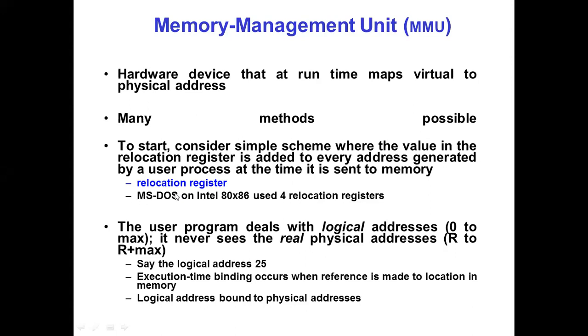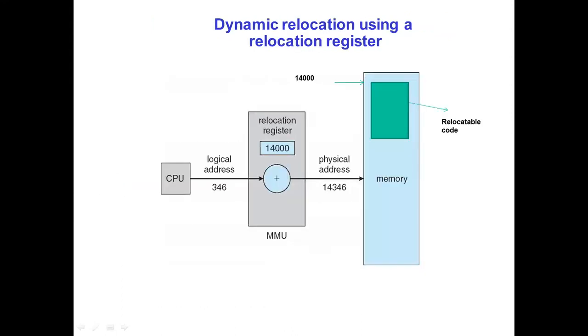So if we are using this operating system, MS-DOS on Intel 8086, then we have four relocation registers, which are already fixed and defined. Now the user program deals with the logical address. It never sees the real physical address. I am skipping this, so no need to go so deep there.